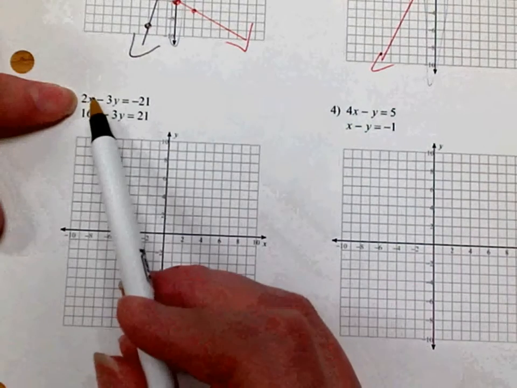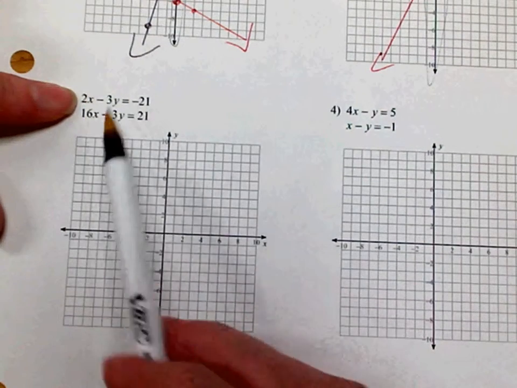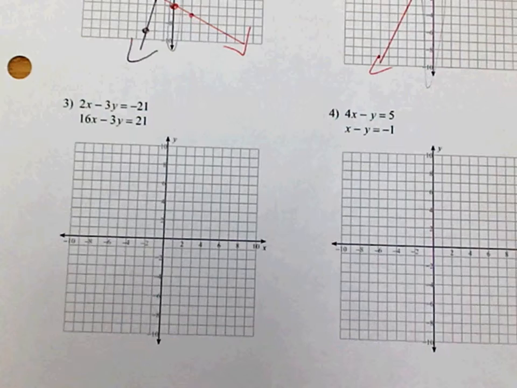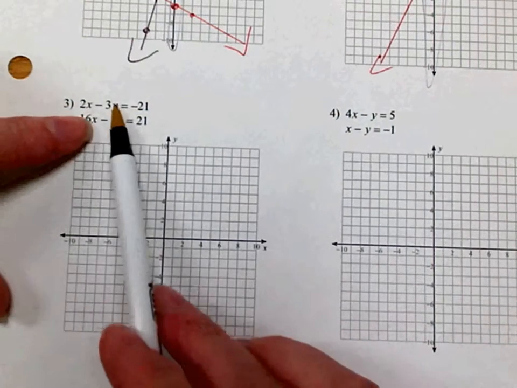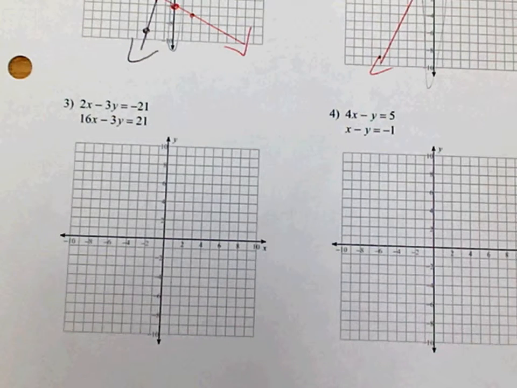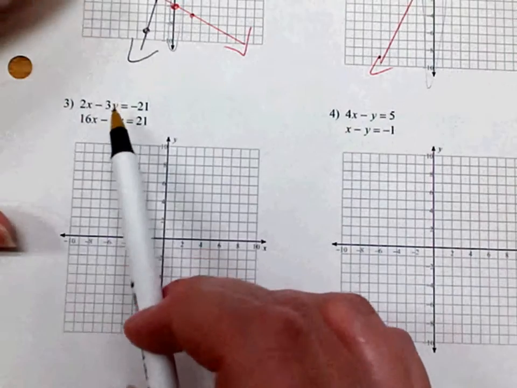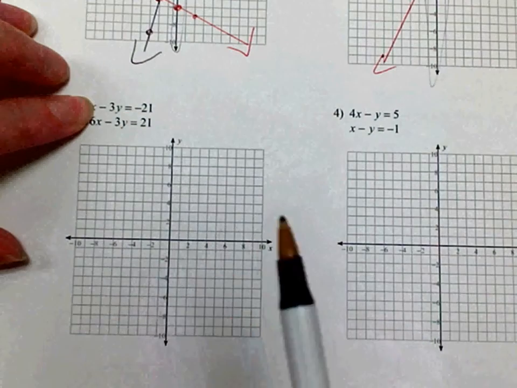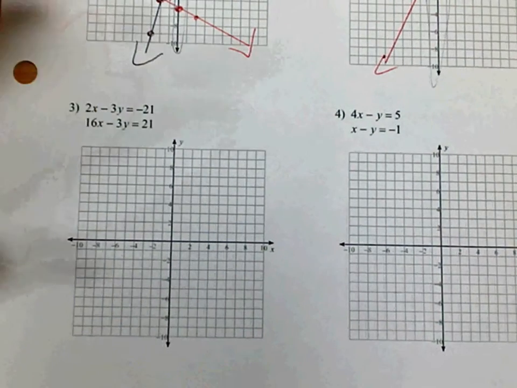If I were to try to eliminate something, I could look at the x's and the y's. Neither cross off, okay? But the y's are really close because both of them are 3's, just both negative. So I might want to get the y's to cross off. In order to do that, I would need a negative 3 to cross off, which means I would need a positive 3.